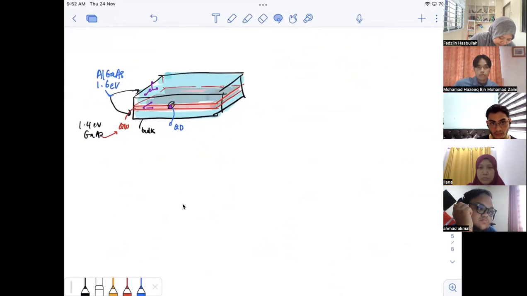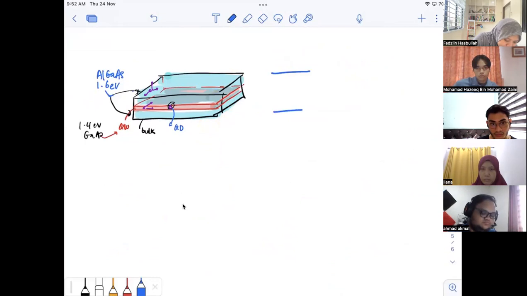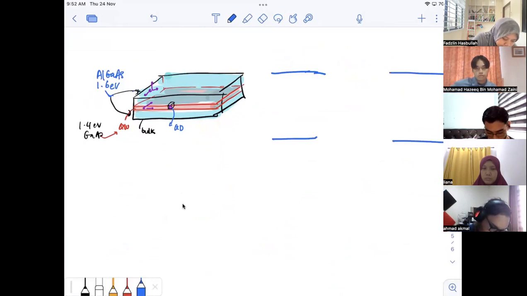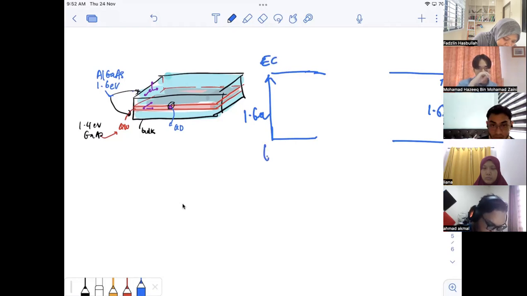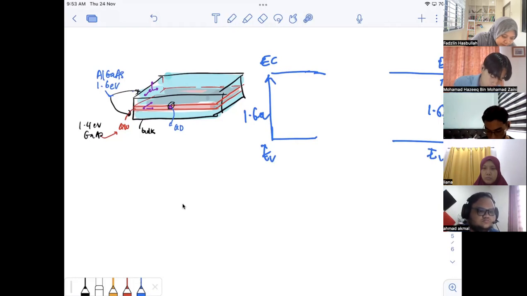So kalau saya draw energy band diagram of this, atas ni color biru, sandwich dia tu saya akan draw pun color biru. Okay, so start with the bigger band gap. Sandwich dia kiri kanan, bigger band gap, same band gap, let's say 1.6 EV, conduction band, valence band. So in the middle here is the quantum well.